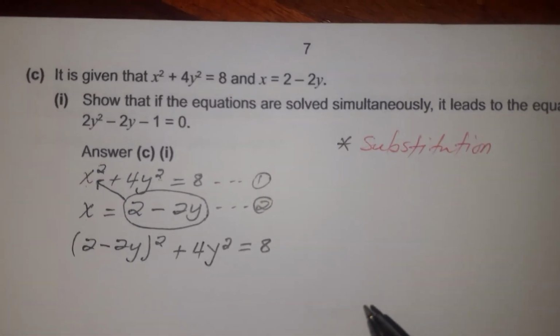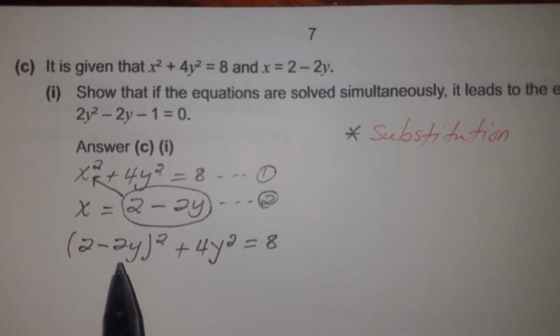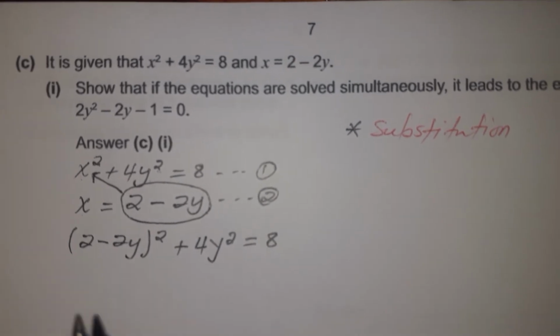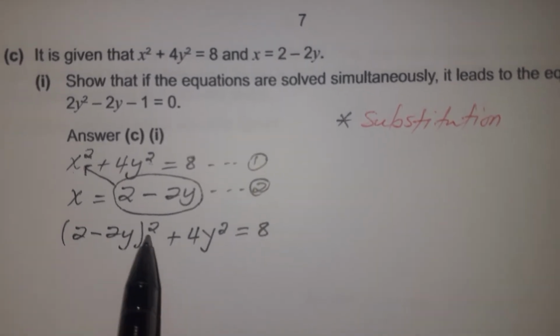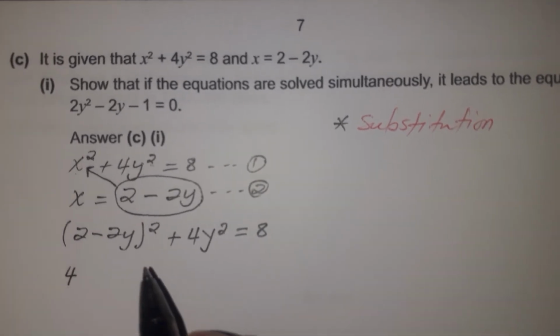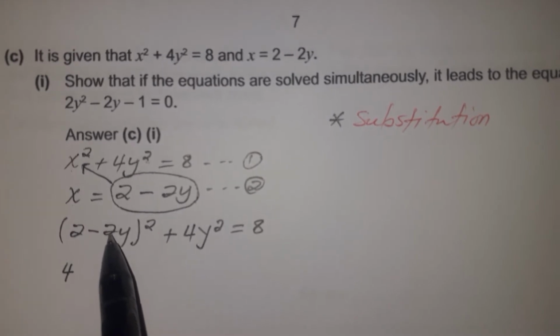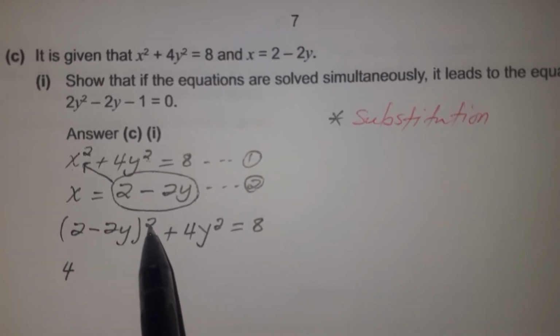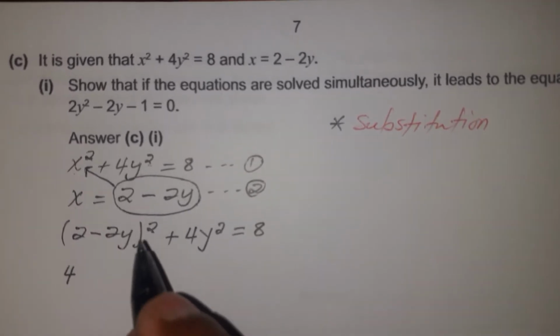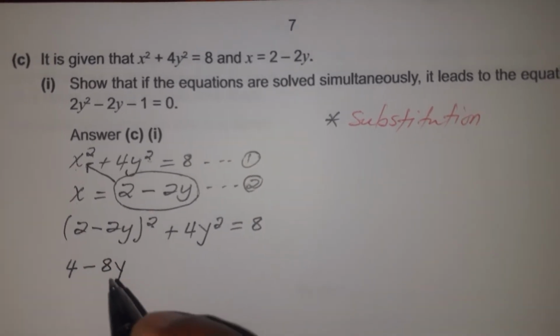Now, after doing that, we need to expand this bracket here. To expand that bracket, we take this 2, we raise it to the power 2, then we get 4. And then we take this 2, we multiply by negative 2 to get negative 4, and then we multiply by 2 to get negative 8, and we also write the y.